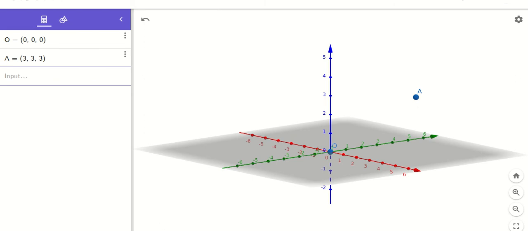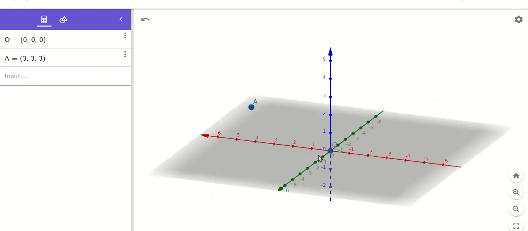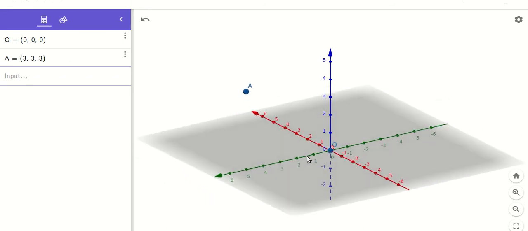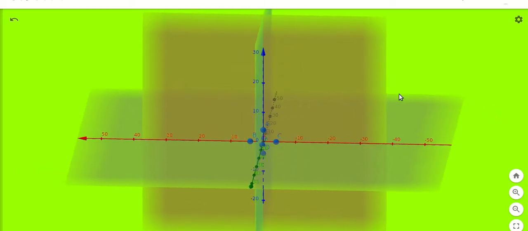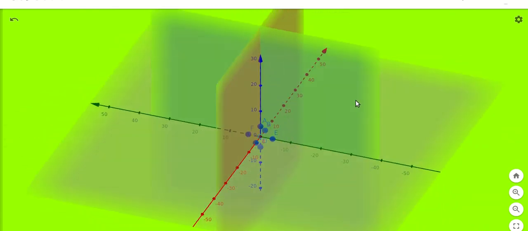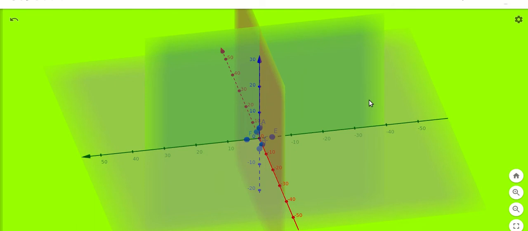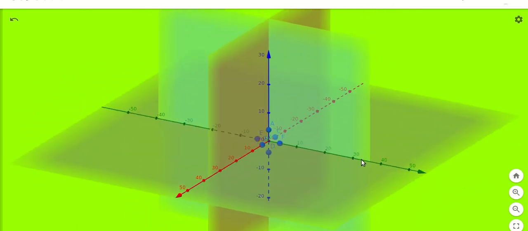Okay, so let's look at the planes. We are interested in planes. We have shown the planes in the previous topic. So look at the plane. This is my x-axis, this red one, and this green one is the y-axis.